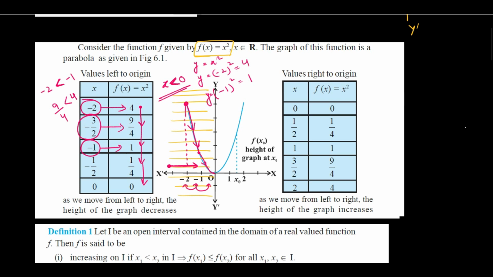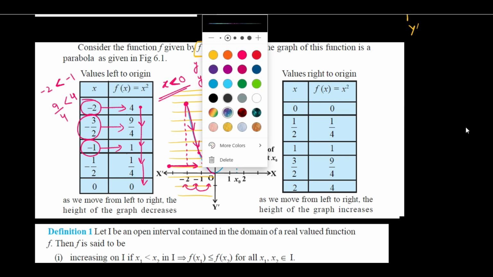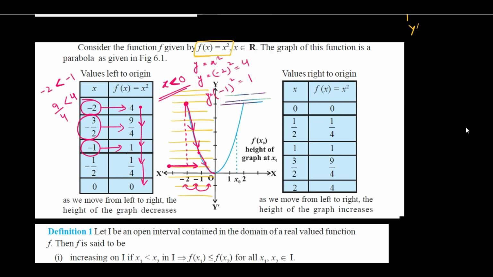Now focus on the right part. Focus on the right side of the function from the origin.